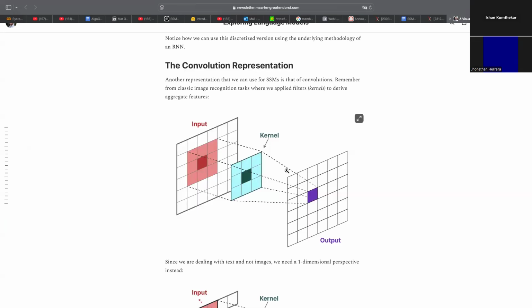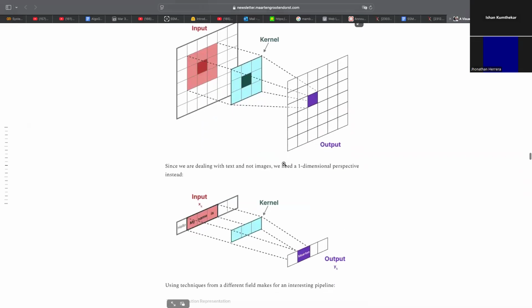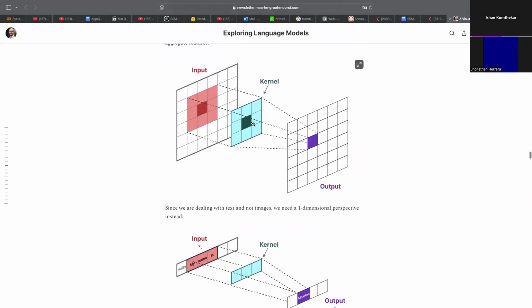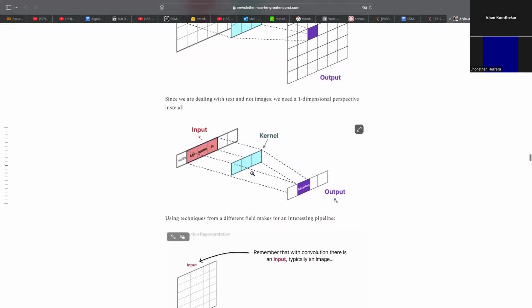And someone modified an SSM equation, so it's kind of similar to this. How they did it is instead of having an n by n filter, you have a 1D vector, a 1D filter. So let's say we have the input: Hello, my name is blah blah blah. Once this kernel scans throughout the whole input, it can predict what the next word is.